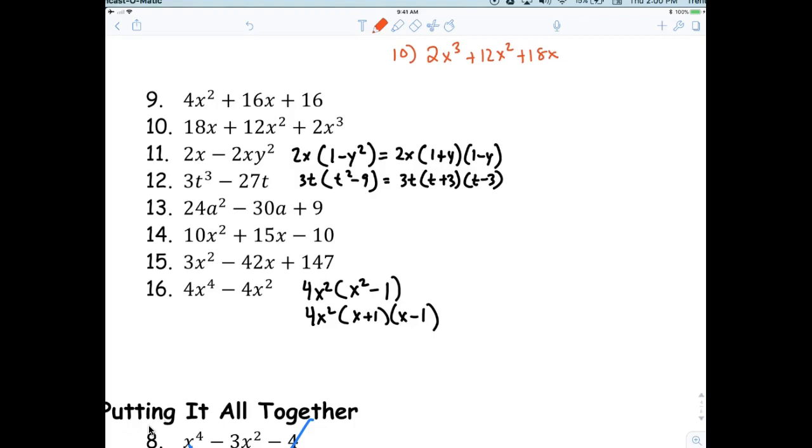Now, what's common? 2x. And now, here we go. Is everybody okay with that? 2x times the parentheses x plus 3 squared. That was number 10. Everybody happy with that?